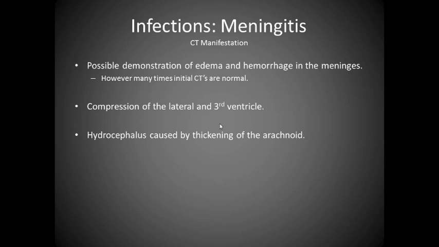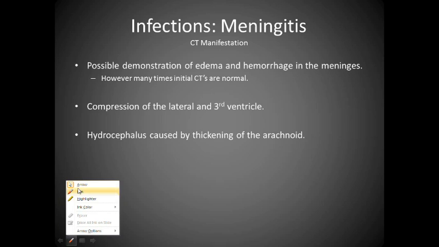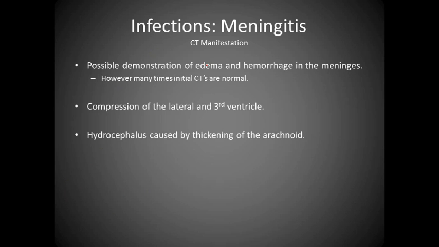As we can see, meningitis can demonstrate edema and hemorrhage in the meninges. However, many times initial CTs are normal. So many times if you're looking for meningitis and you do a routine CT for it, chances are you might not actually see anything. It would be a rarity to see a hemorrhage or edema initially.